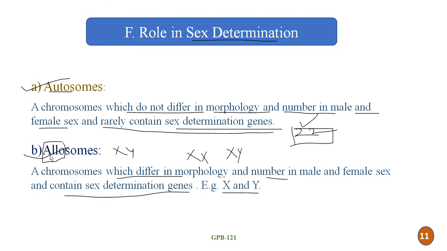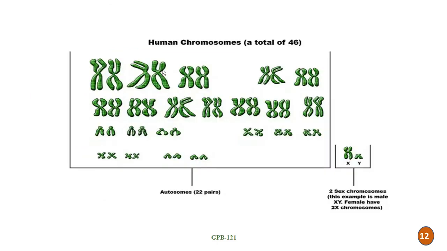So these are the two types on the basis of role in sex determination, autosomes and allosomes. Out of these 46 chromosomes, 22 pairs are autosomes, which are similar in male and female, while the 23rd pair, X and Y, the two sex chromosomes, are different in male and female.